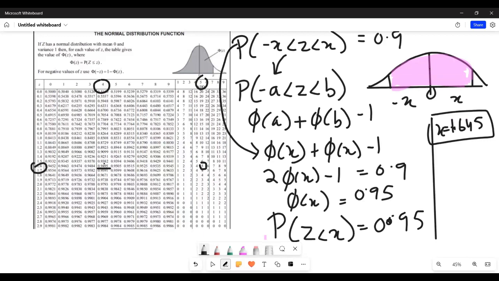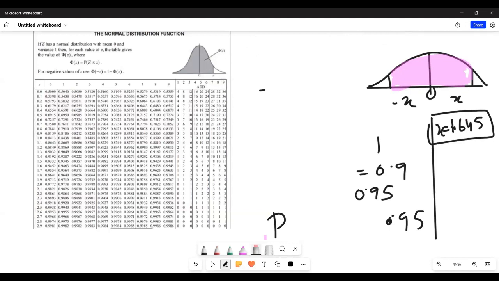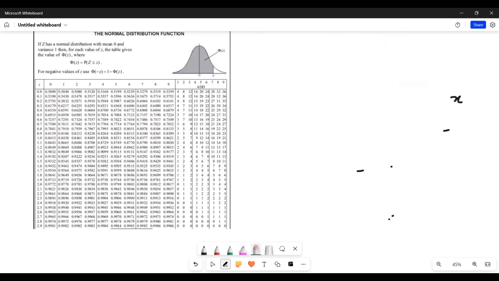Okay. Next. Next is a similar one, probability.